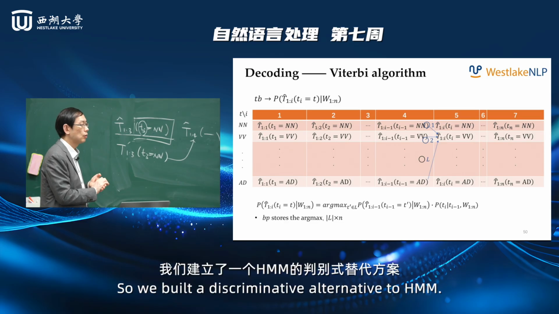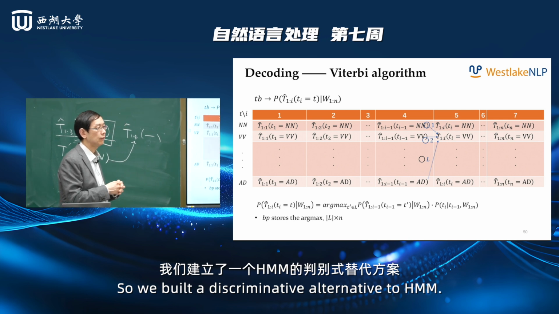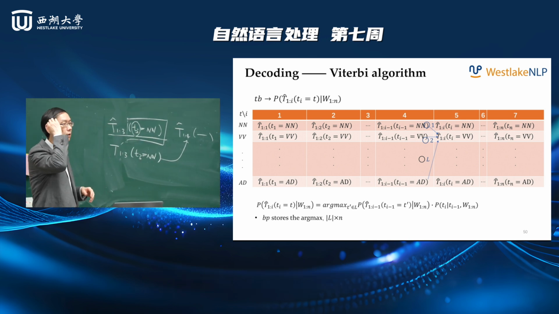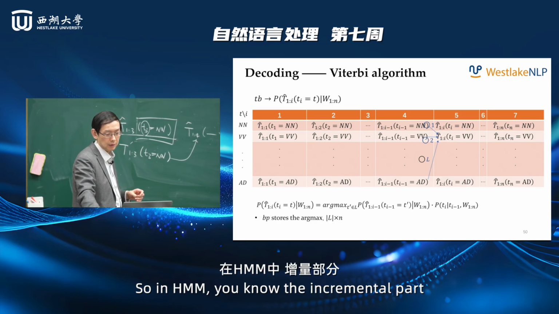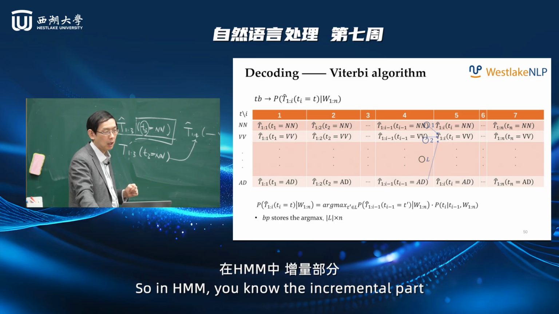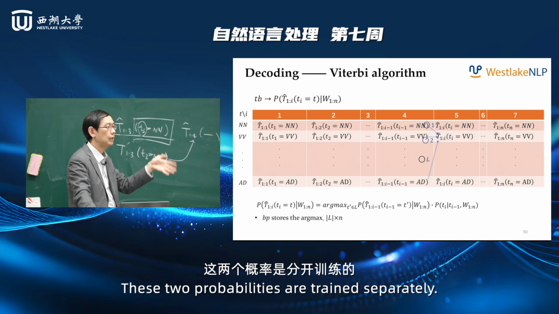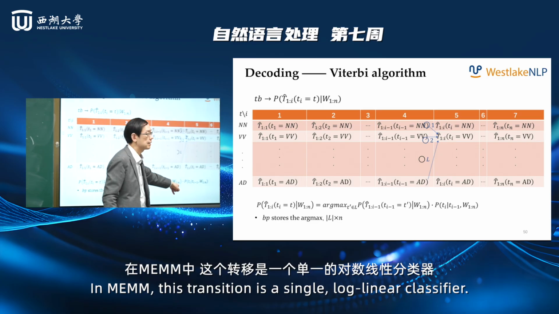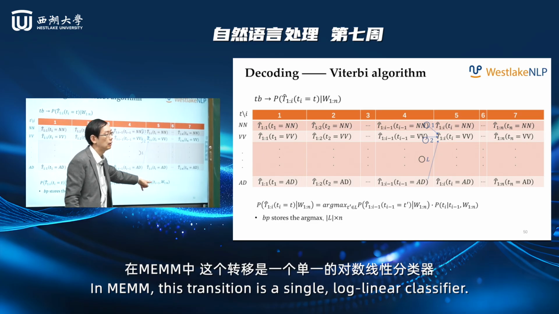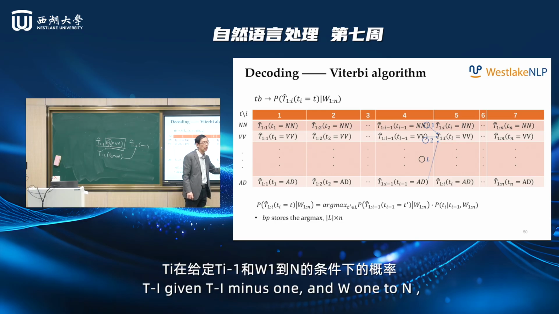All right. So we built a discriminative alternative to HMM. In HMM, the incremental part is an emission and a transition, right? These two probabilities are trained separately. In MEMM, the transition is a single log linear classifier, t_i given t_{i-1} and w_1 to n.